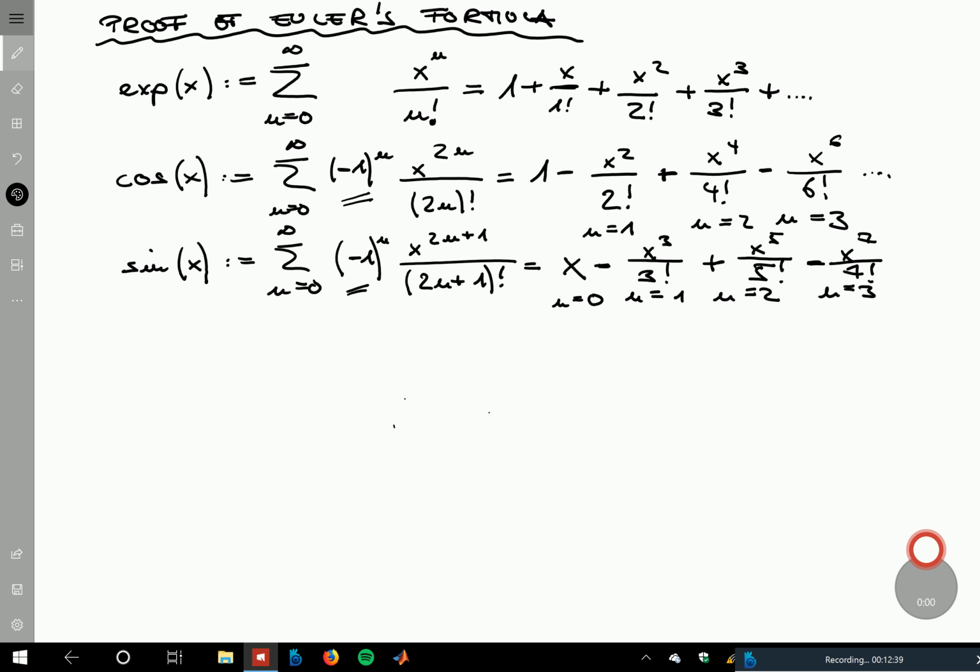It's actually not really programming. It's just little gritty math stuff. So that's basically what I just discussed: the definition of the exponential, the cosine, and the sine function in terms of the series, and then I wrote down more explicitly the early terms for n being 0, 1, 2, 3 for all of them.